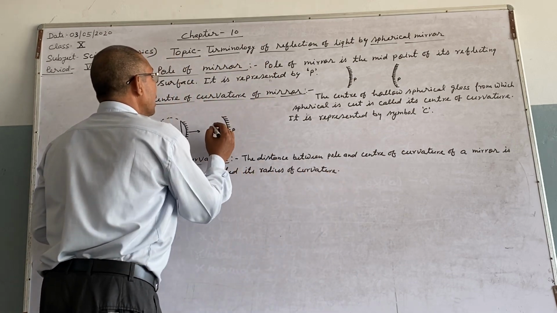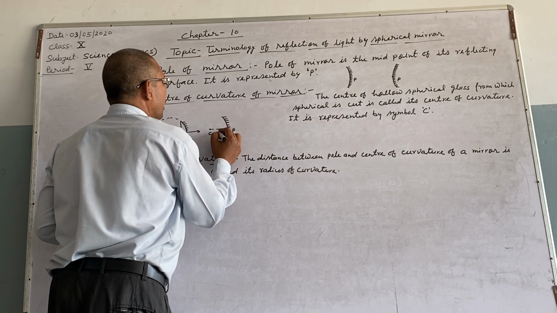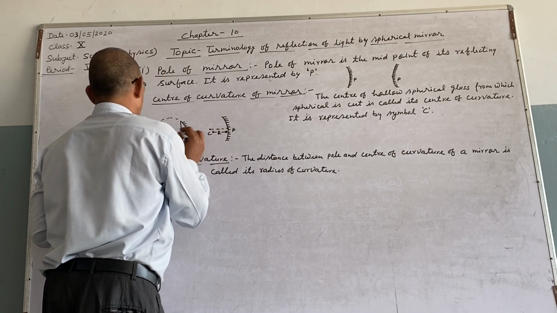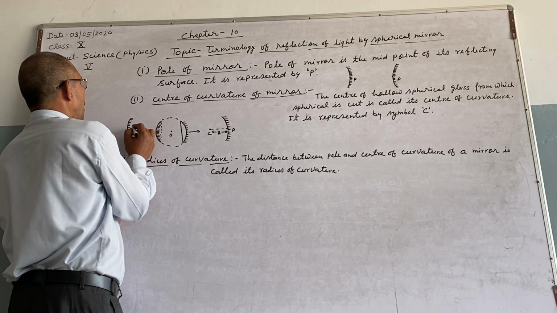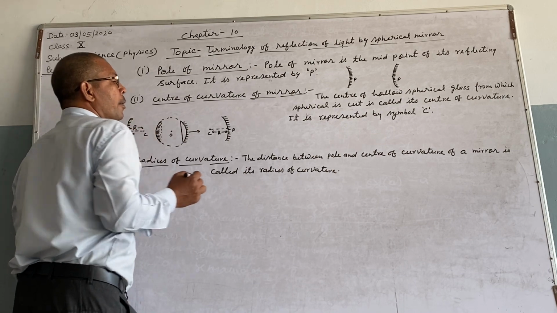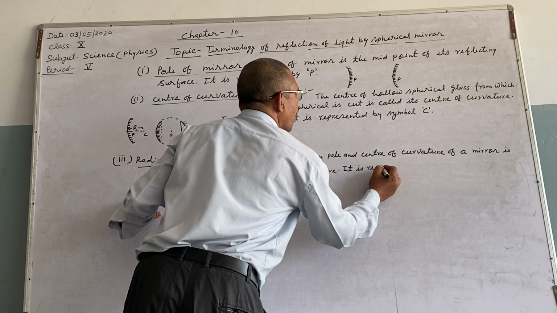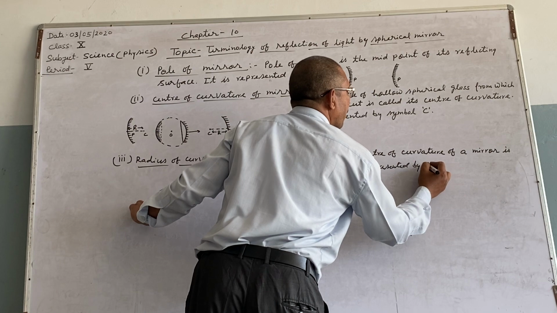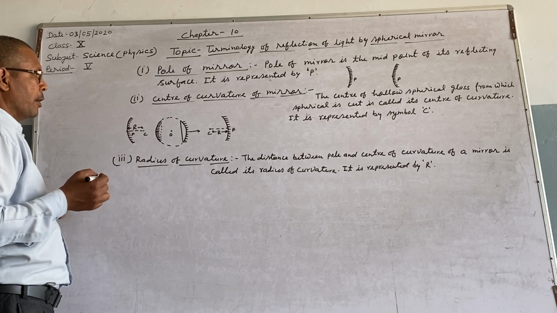Here CP, that is here this distance, is called radius of curvature. It is represented by capital R, right? The radius of curvature.